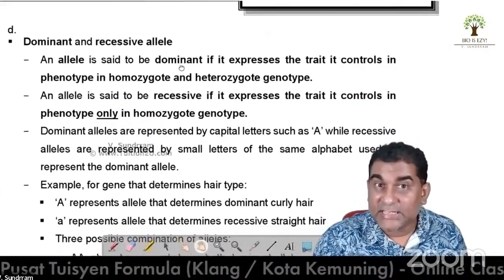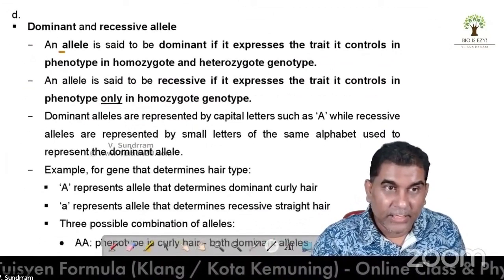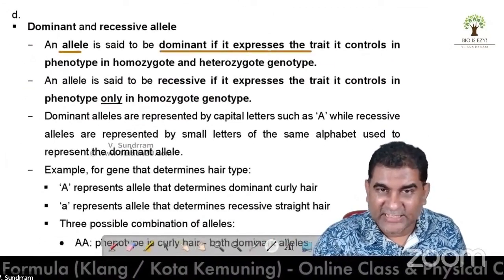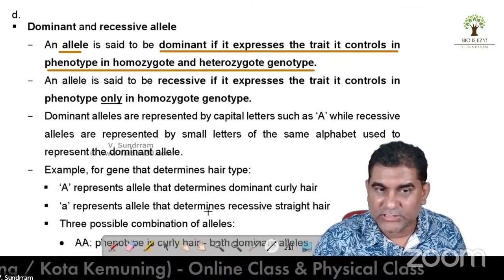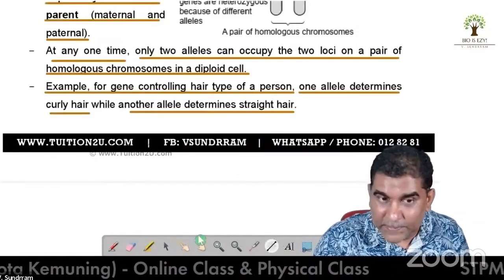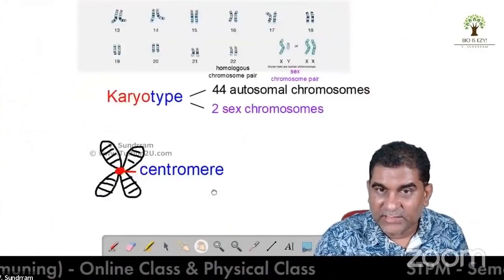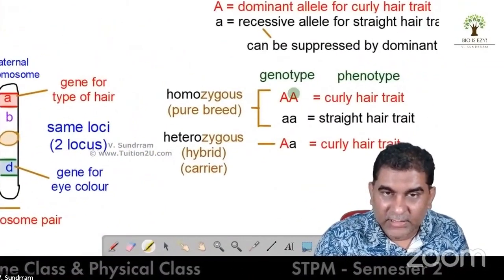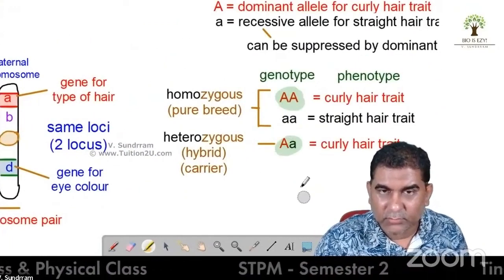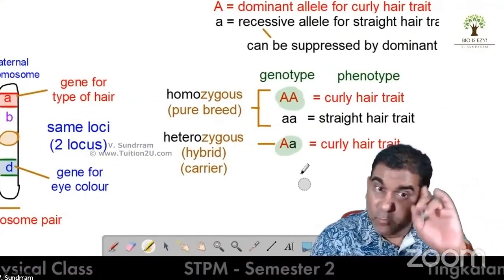Dominant and recessive allele. An allele is dominant if it expresses the trait it controls in homozygote and heterozygote. Doesn't matter whether it's homo or hetero, the dominant allele will function.